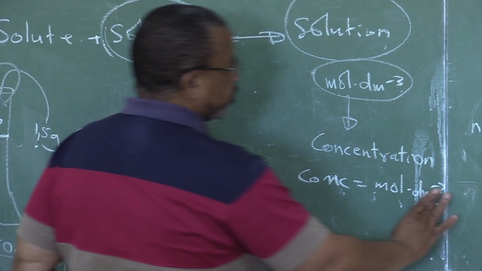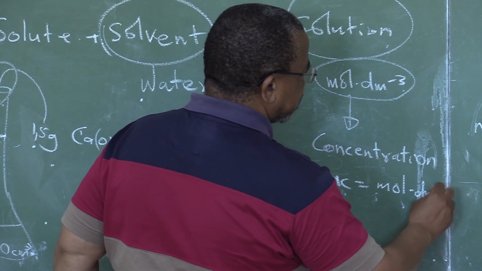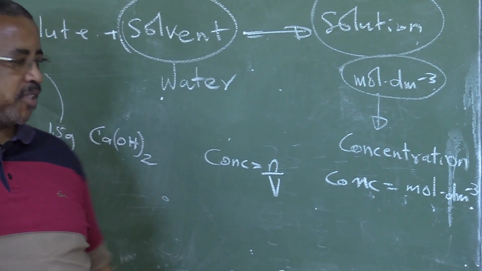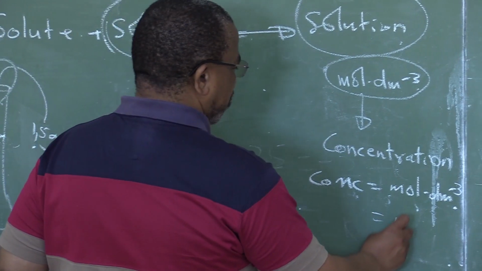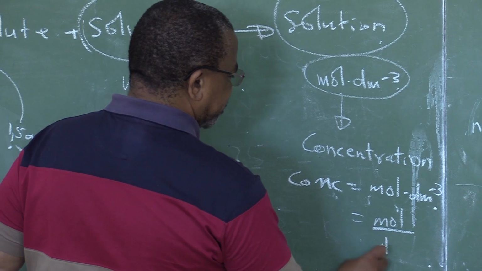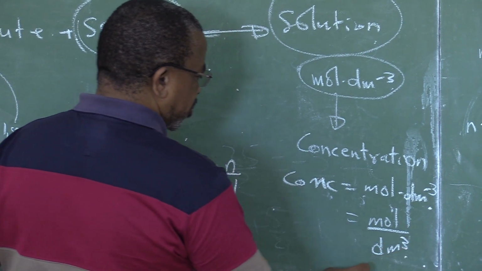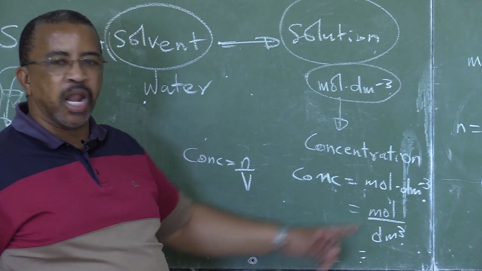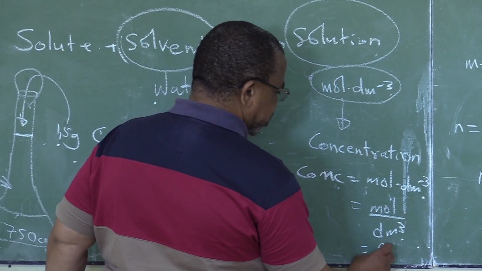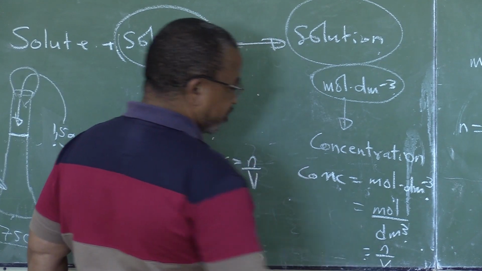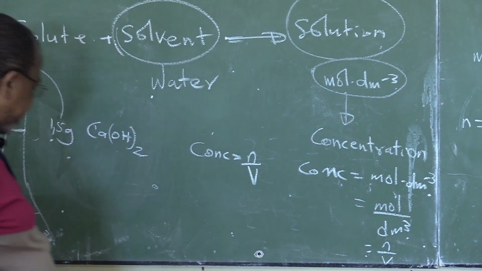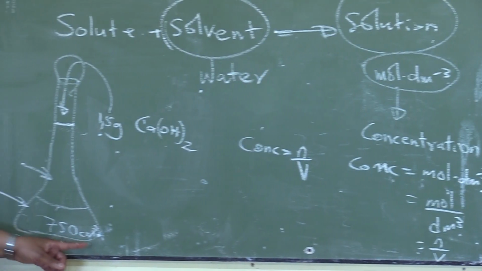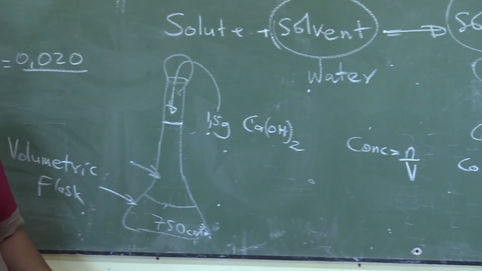Mole per cubic decimeter means mole over decimeter cubed. Mole is the number of moles, and decimeter cubed is the volume. Now we are given the volume in centimeter cubed, so we must convert it to decimeter cubed.